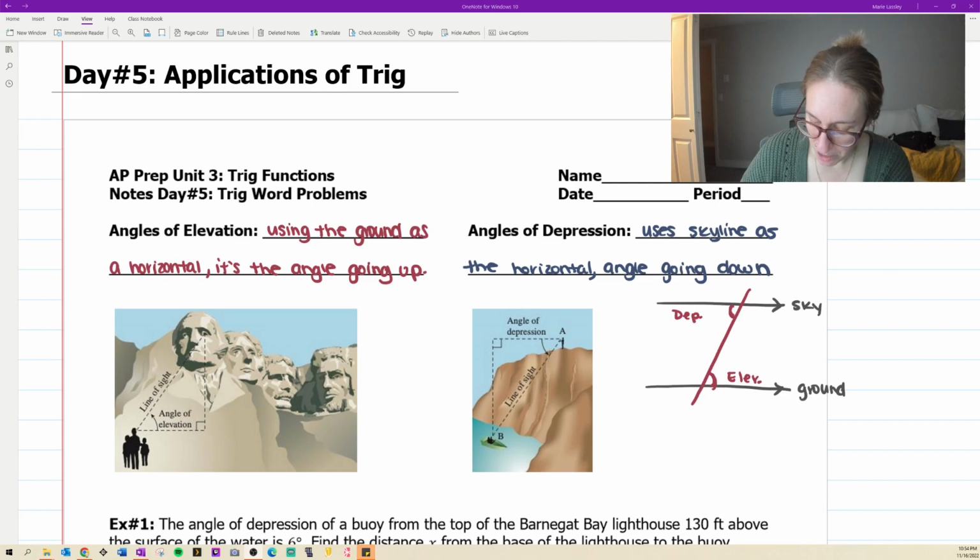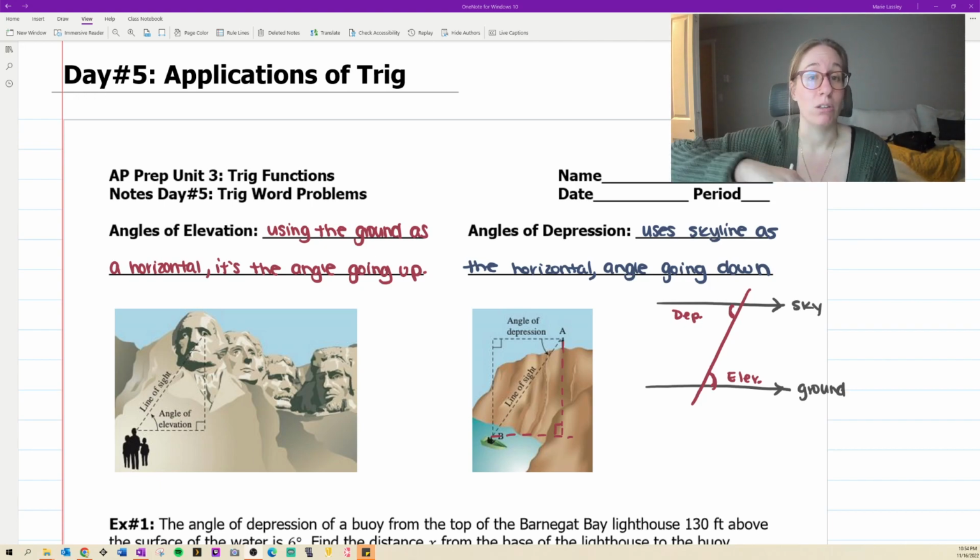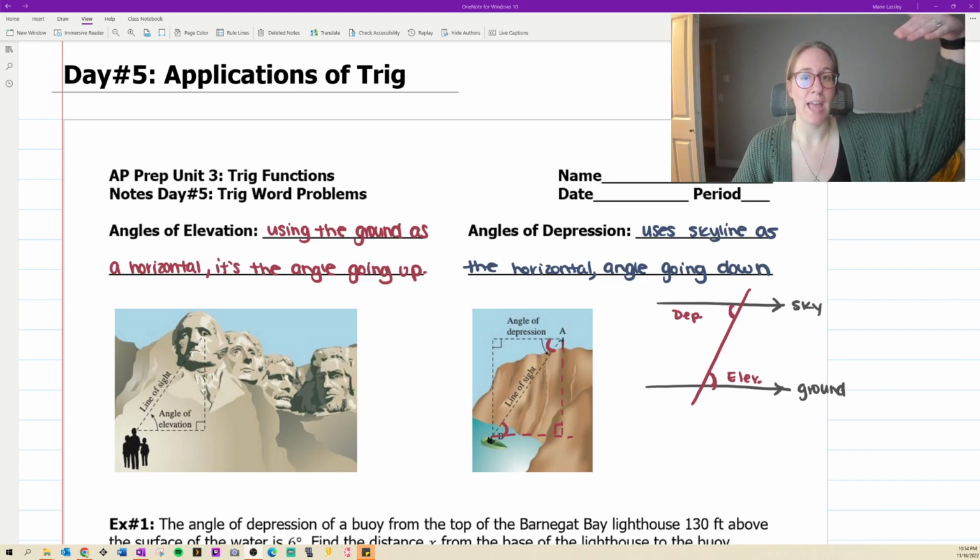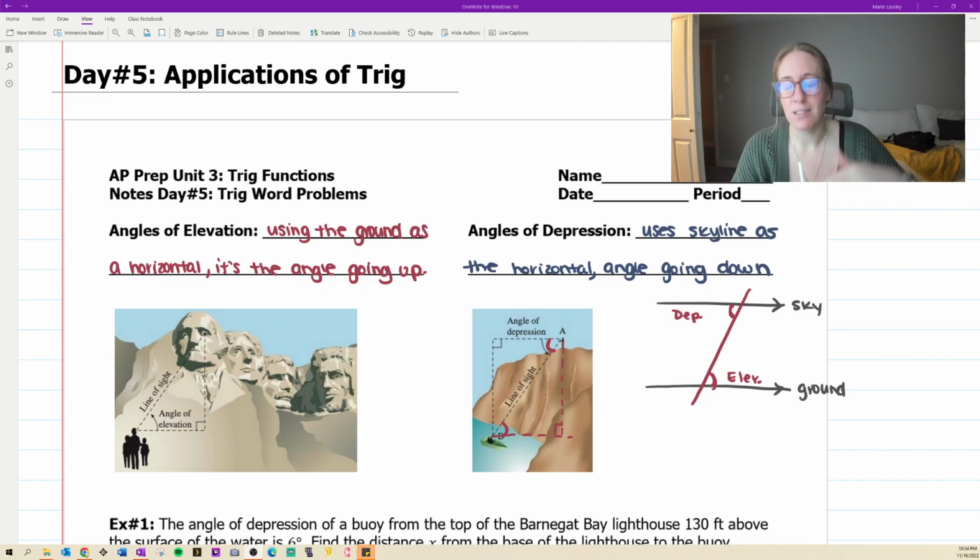If in my angle of depression one, I wanted to make that ground line and have a triangle going this way, my angle of elevation, so the angle that the people in the boat are looking up to the guy on the top of the mountain, is the same angle as the guy who's looking down at the people in the boat. So the angle that they're looking at is actually the exact same angle because the sky and the ground are parallel, making those two angles equal to each other.